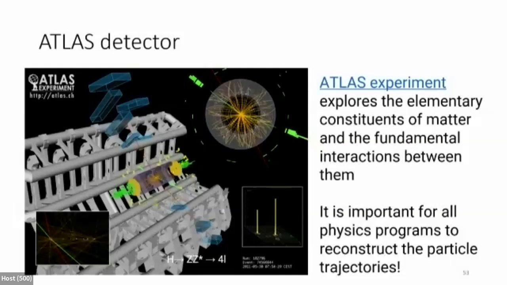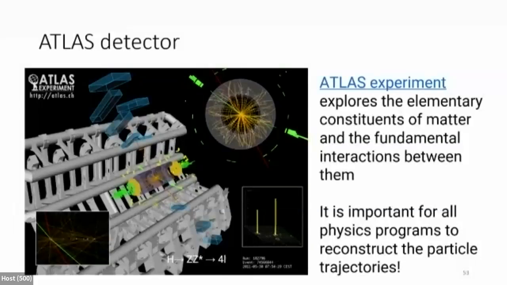In order to achieve this scientific goal, it's very important for the physics programs to reconstruct the particle trajectories. Because from these trajectories, we can infer the charge of the particle. We can also measure the kinematics of the particle. The left-hand side shows a so-called event display. That's the information we have recorded in our detector.